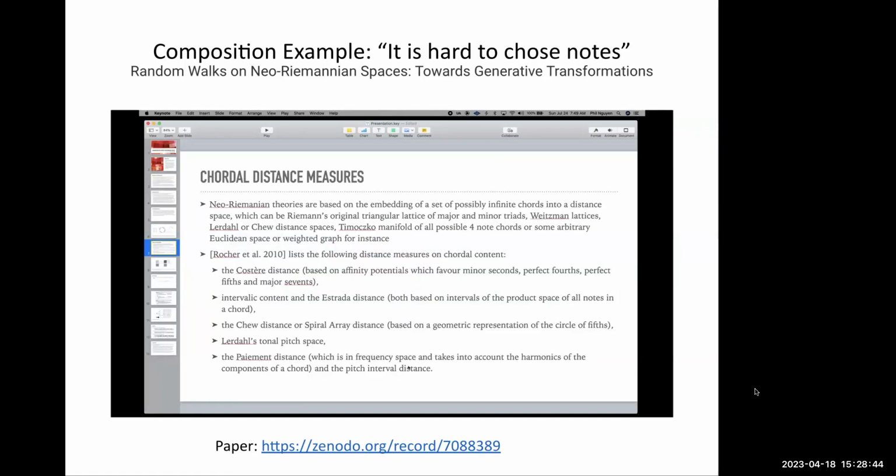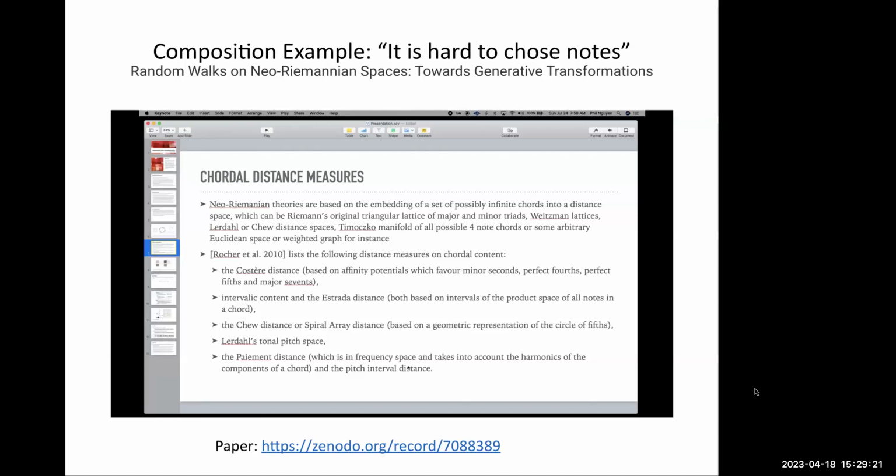Chordal distance measures. Neo-Riemannian theories are based on the embedding of a set of possibly infinite chords into a distance space, which can be Riemann's original triangular matrix, a lattice of major and minor triads, Weitzmann lattices, Lerdahl or true distance spaces, Tymoczko manifolds of all possible four chords, or some arbitrary Euclidean space or weighted graph, for instance, equipped with a shortest path distance.